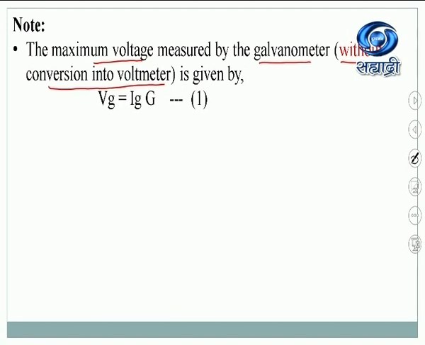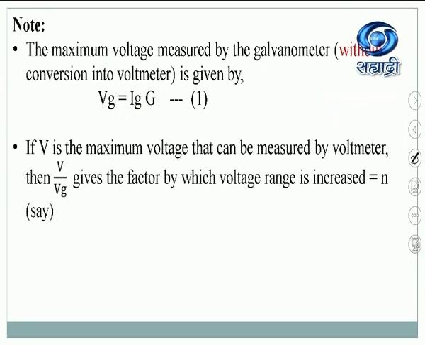It is given by Vg equal to Ig into G, because Ig is the current through the galvanometer for which it shows full scale deflection. So this is the maximum current and this is the resistance of the galvanometer. So this much voltage maximum we can measure with the help of the galvanometer without converting it into a voltmeter. So Vg equal to Ig into G.